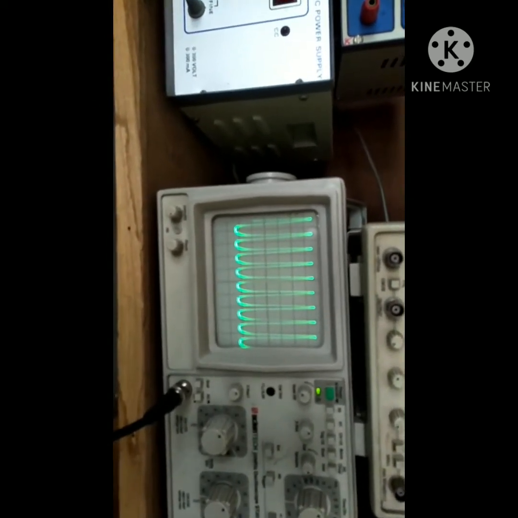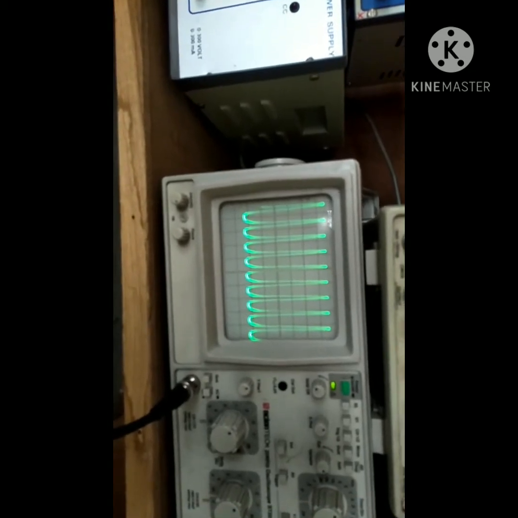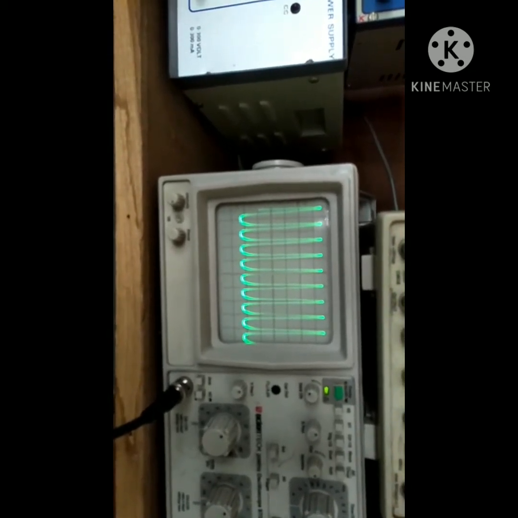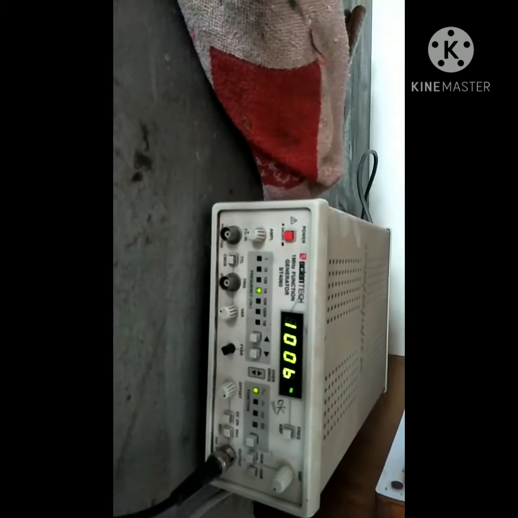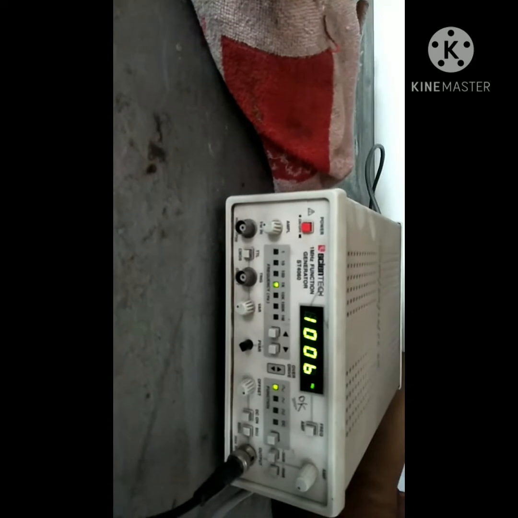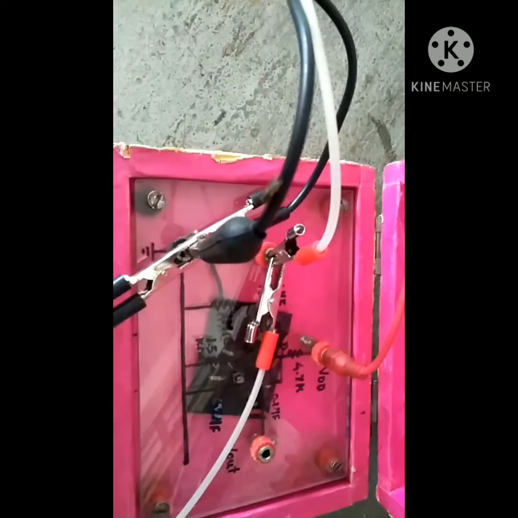We first take the reading of this practical by taking the input frequency as 1 kilohertz.